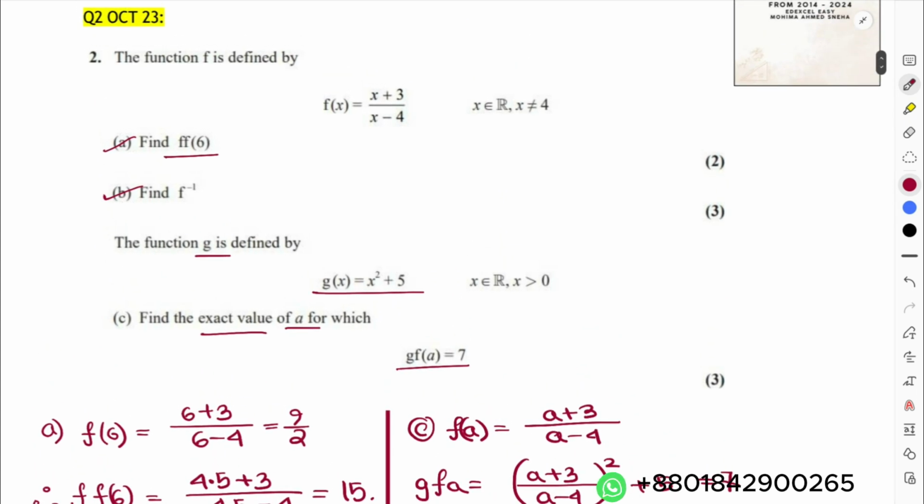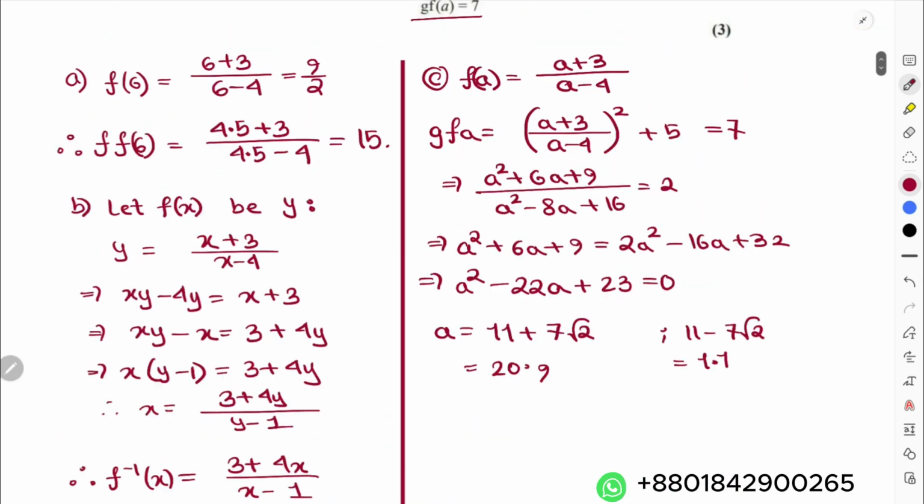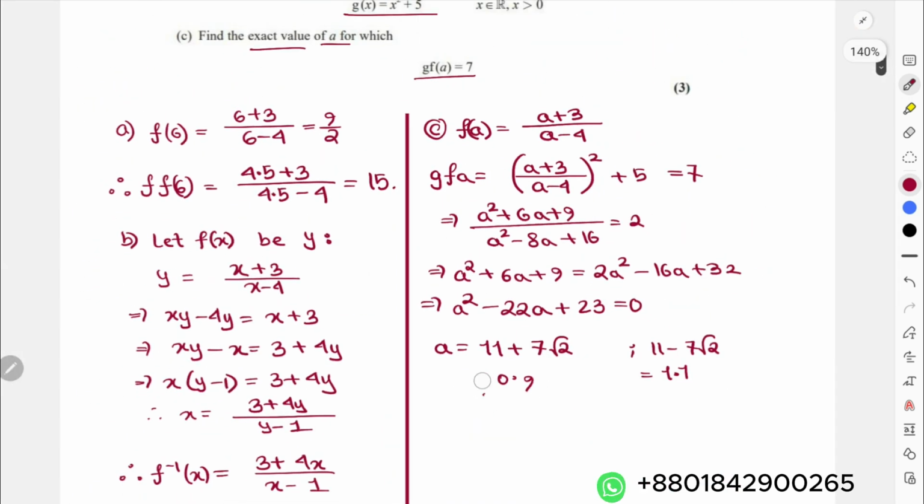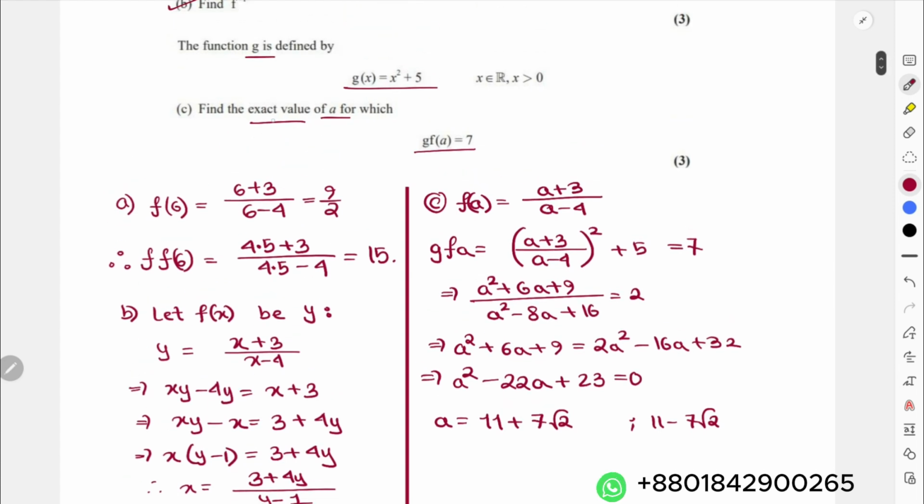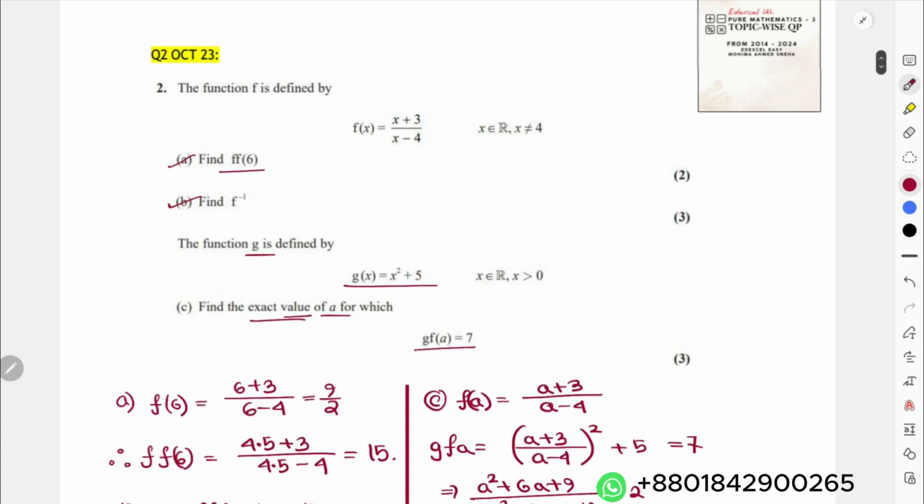Okay, then if that's the case, no, we can accept both the values actually. So there's no point to eliminate any one. Even though they were saying that, find the exact value for a, it was not stated anywhere in the question that a is a positive integer or something.